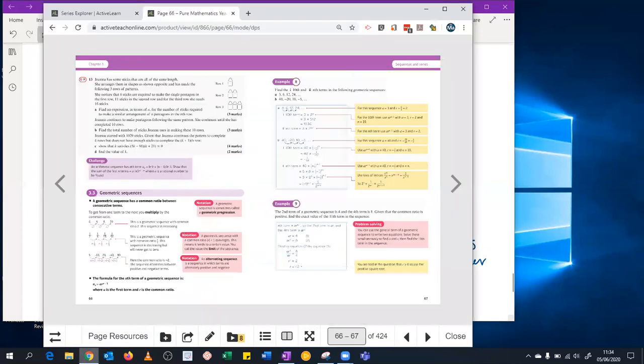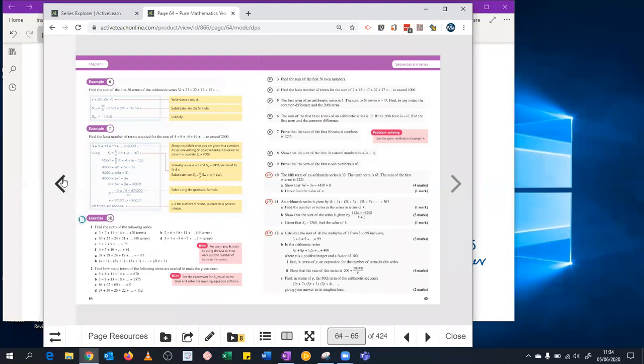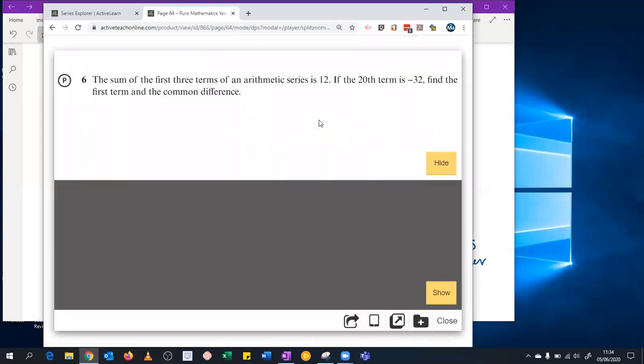Let's have a quick look. Okay, it's similar-ish. There's question 6. You have a go at question 6, and then I will move on to the geometric series section.